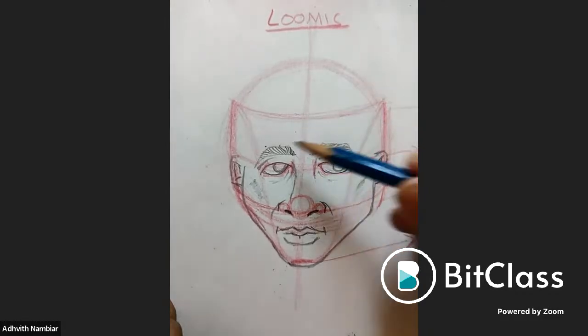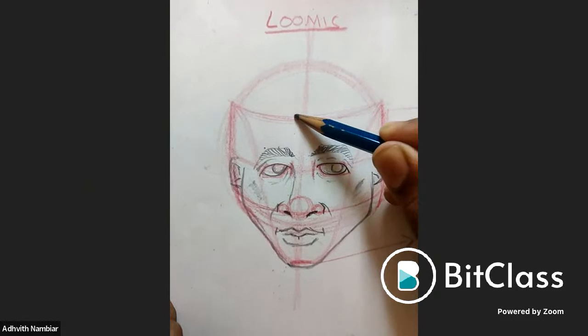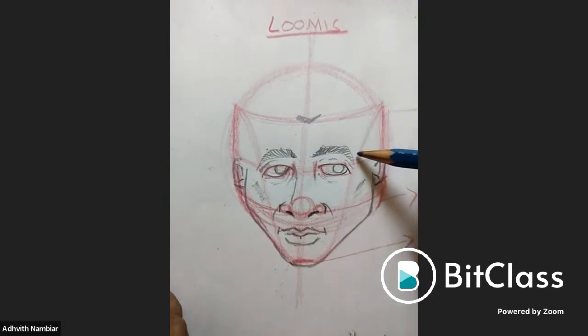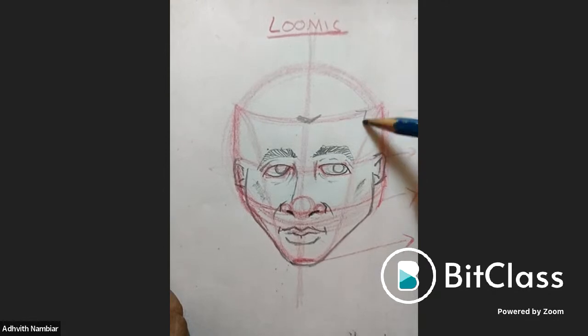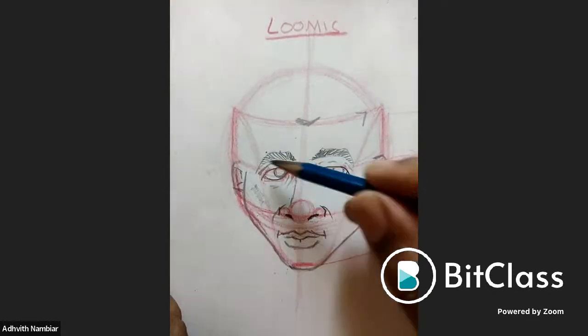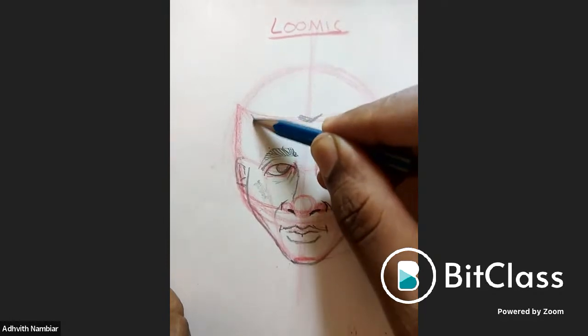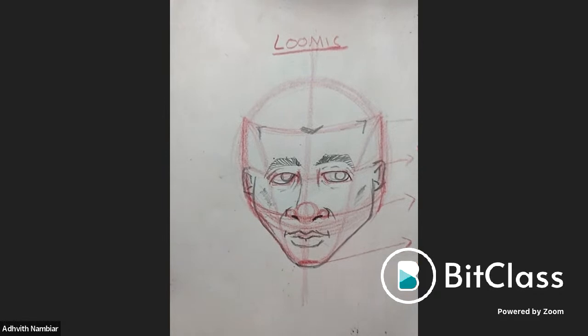And then we just make a small little marking here, okay? A V shape over here. Then above the eyebrow, side of the eyebrow, over here, one more V shape like that. And above this eyebrow, one V shape like that. And that will be the hairline. Okay.